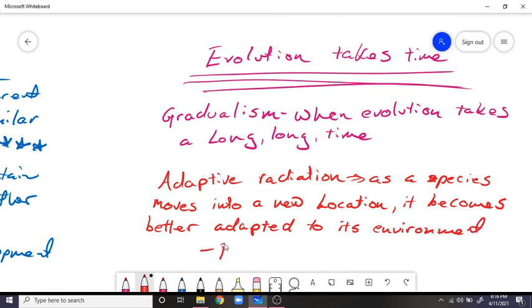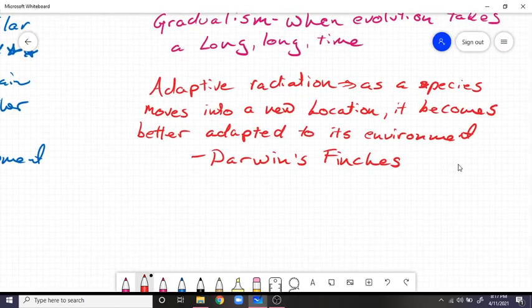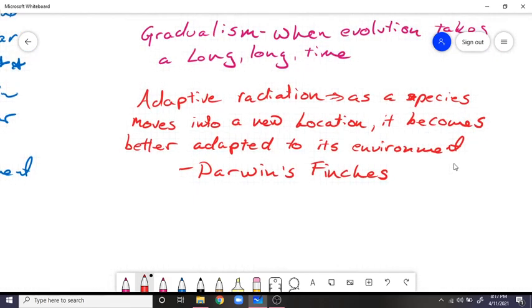This is what happened with Darwin's finches. One species of finch made it to the Galapagos Island, and then, depending on what the environment of the individual island was, the finches either developed a big strong beak so that they could eat the nuts and seeds that were there, or they developed the long thin beak so that was better at grasping bugs or eating the different fruits that were available to it.